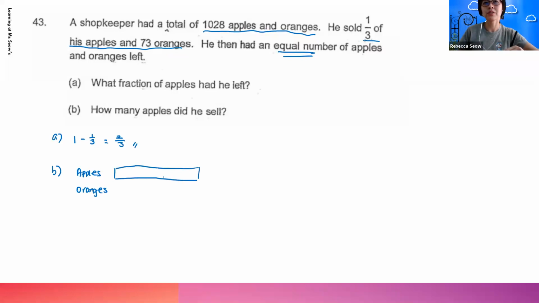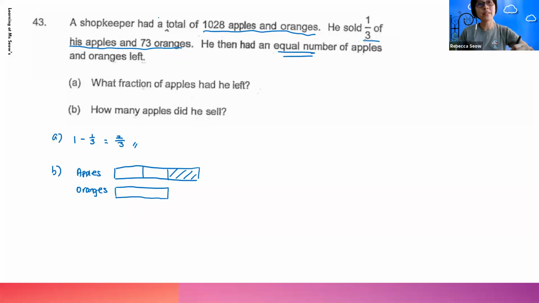So I'm going to draw 3 units of apples. And the shaded portion is sold. Okay. Now, the unshaded one is not sold. And so happen, whatever number of apples that is not sold is also the number of oranges that is left. So for oranges, the unshaded portion over here is whatever that is left.